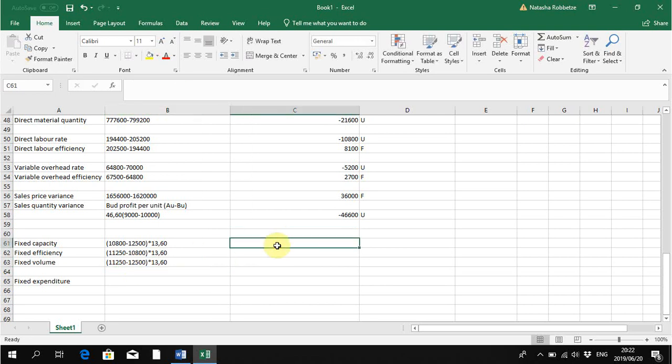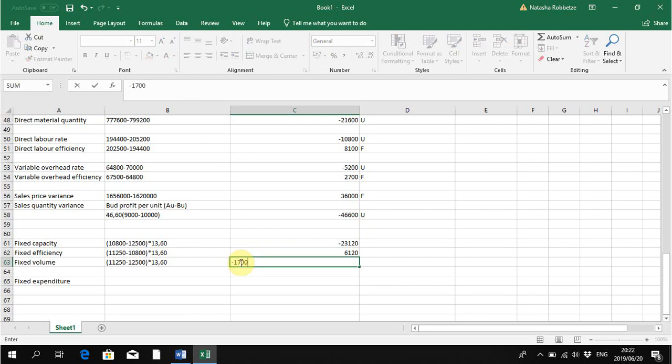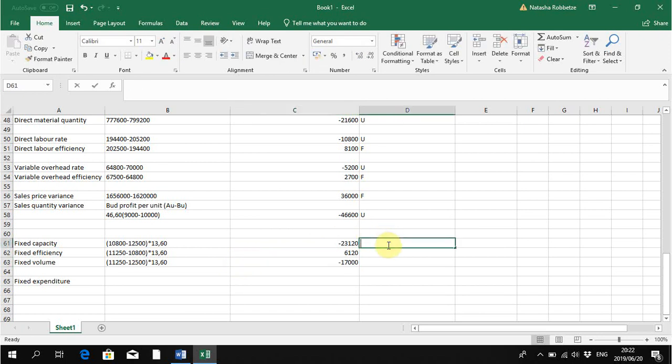Right, so for your fixed overhead capacity, I get negative 23,120. For my efficiency, I get positive 6,120. And then the volume variance is the sum of those two, which is negative 17,000. So it's unfavorable, favorable and unfavorable.